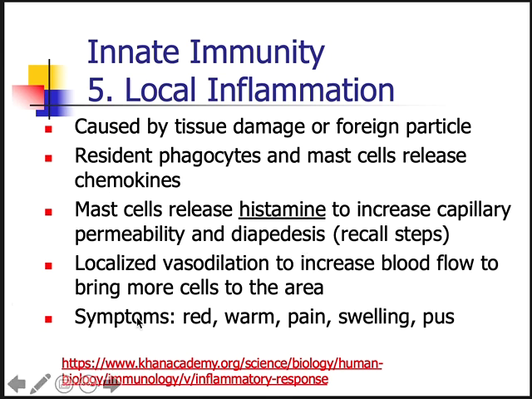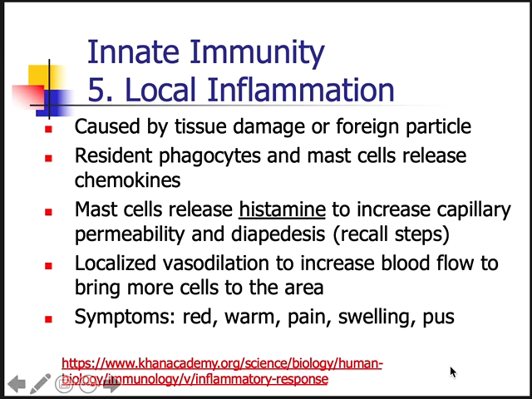So symptoms in the local area are going to be swollen, red, warm, painful usually. You might even get some pus production, and the white part of pus are white blood cells. If it's another color, then that can be from the bacteria itself.